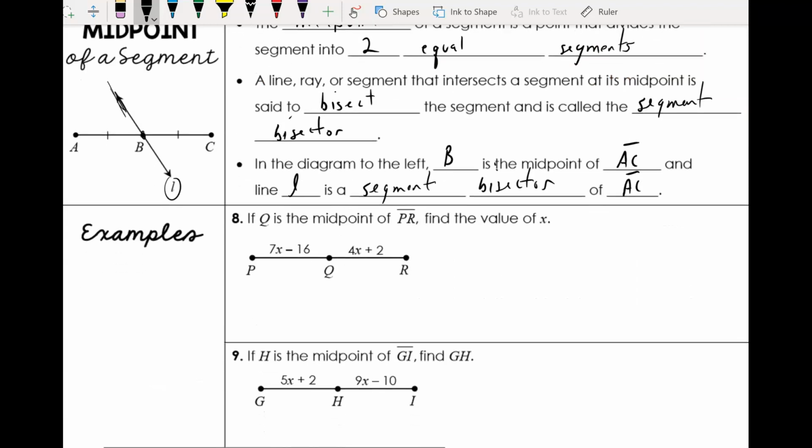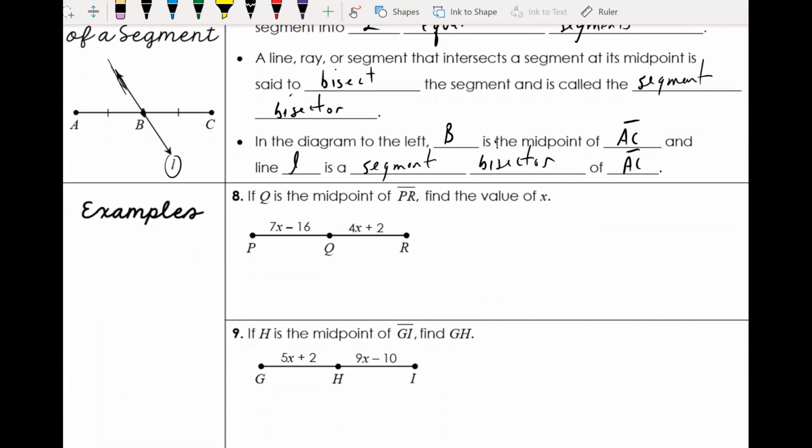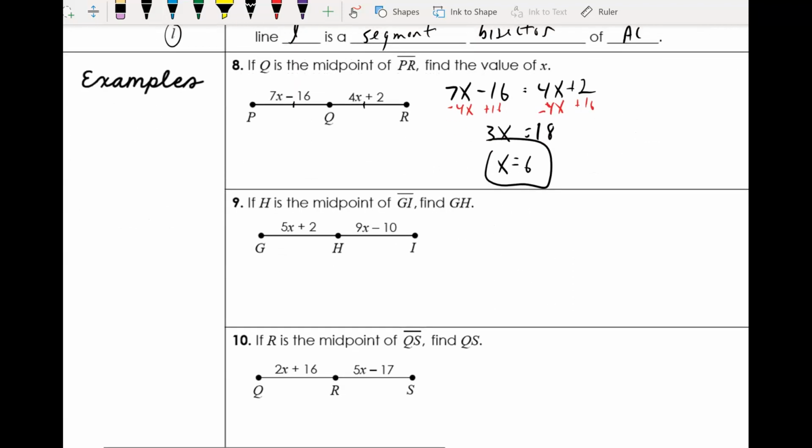So when you have a segment bisector, if Q is the midpoint, that means that these two are equal. So this is an easier equation. You just have to set them equal. Your equation here is 7x minus 16 equals 4x plus 2. Solve that out, see what x is. Okay, x equals 6.